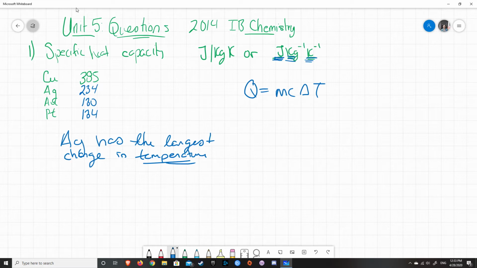The smaller amount of joules means a 50 joule input will cause a bigger change. This needs 385 joules to raise 1 kilogram by 1 degree Celsius. This only needs 130 joules. So you need a lot less energy to cause a temperature change.